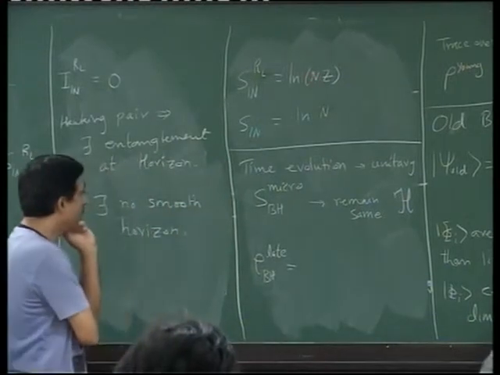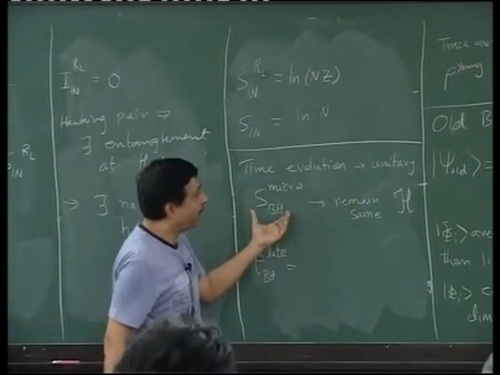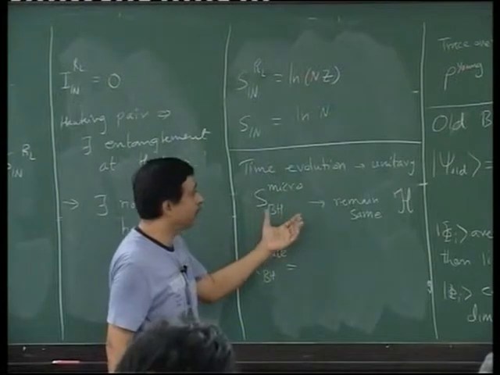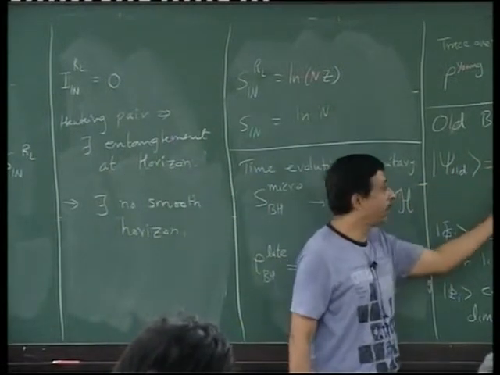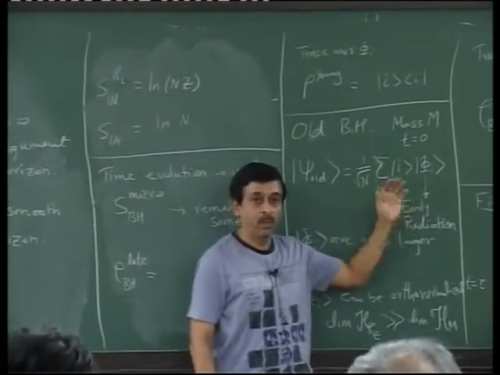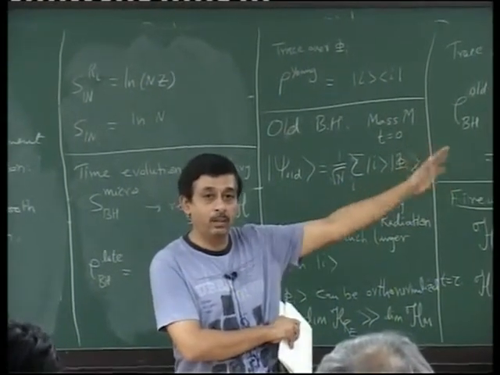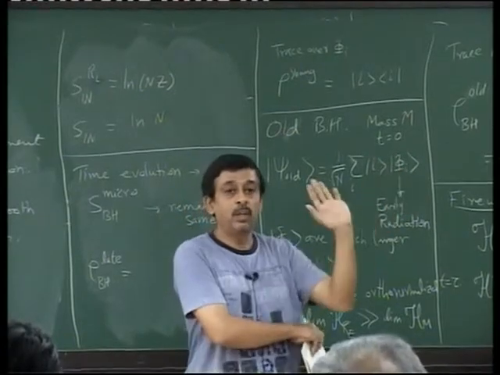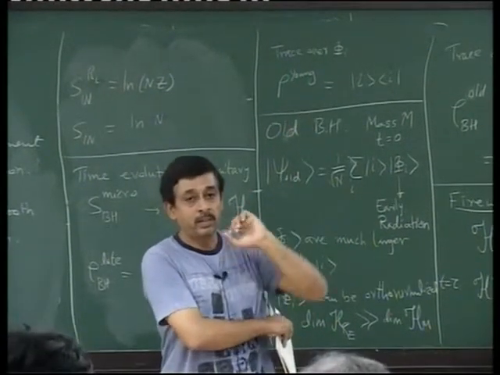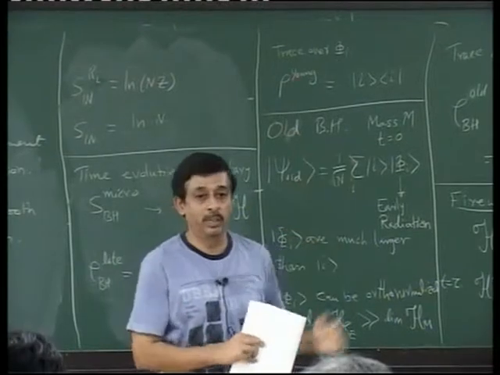So I take the black hole at time t equals 0, and then I look at the internal degrees of freedom. All the degrees of freedom which have gone out far away, I have integrated out and written down a density matrix. Now, at any other time, that number has to remain constant in a full Hilbert space.